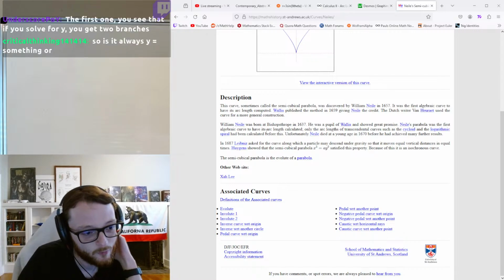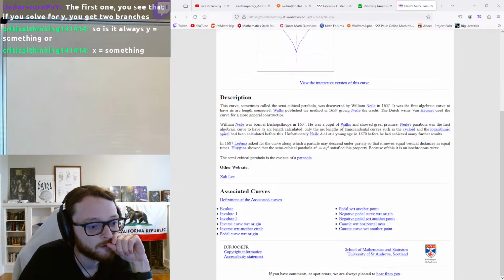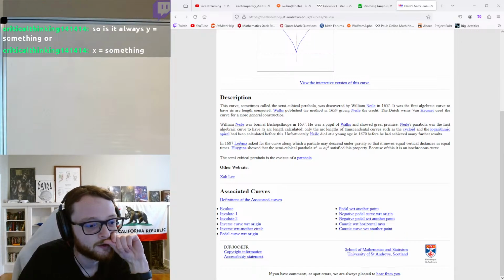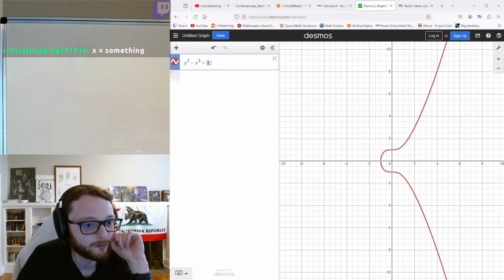It needs an equal sign somewhere. That's how you want it to be. Critical thinking, you always want to get it so it's y equal to something or x equal to something. They might give it to you, or they're mixed in together, something like this. But I filled in the equals 1 on my own. We need to know what this is equal to, because this is just me guessing.